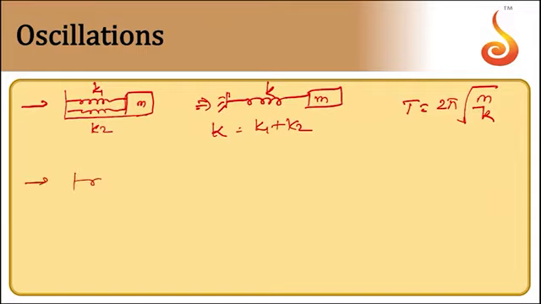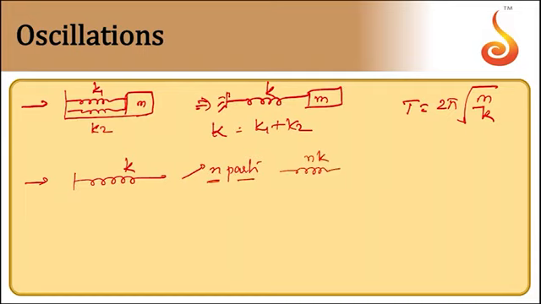Suppose you have a spring whose spring constant is K, and this is divided into, say, n identical parts. I repeat, n identical parts. Then each part will have a spring constant nK.